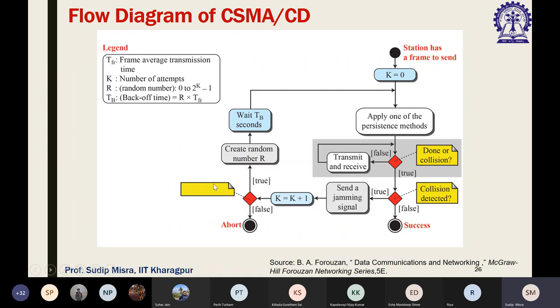I already told you that the value of k is going to be maximum 15. This is how it is hard set. So if it has not reached 15, then you create a random number r, like before, wait TB seconds, and then you apply one of these persistence algorithms once again. Okay, so this is how it is going to continue.